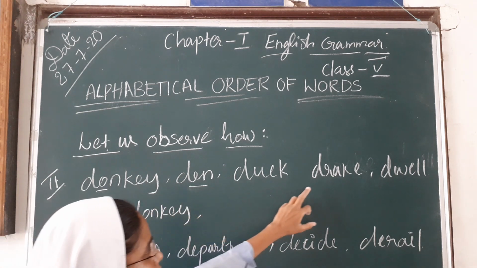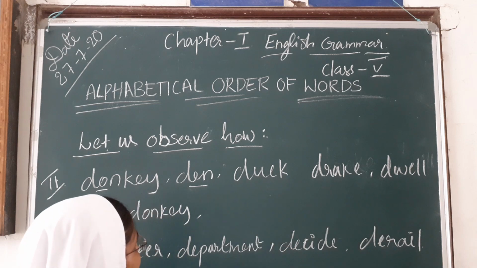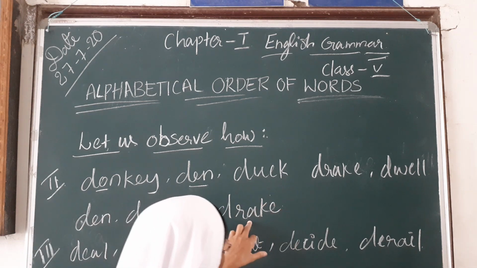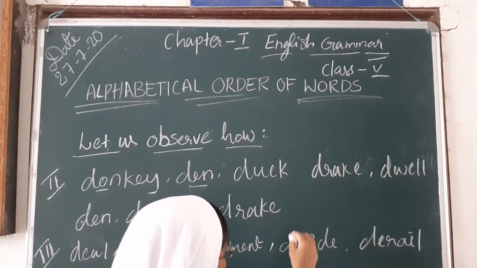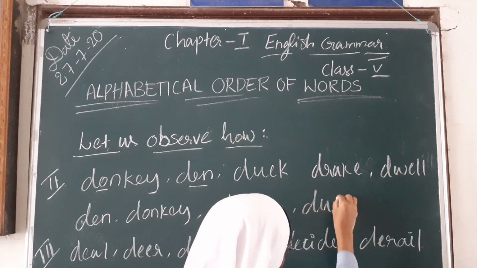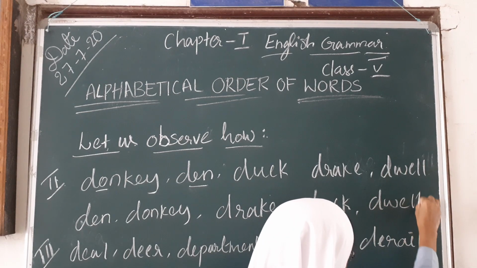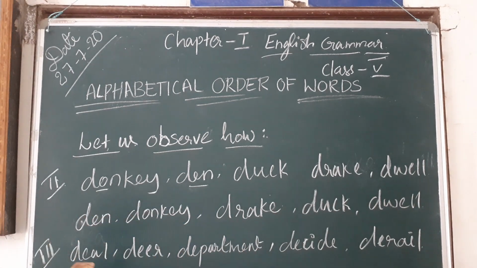Then third comes R, rake. Then fourth comes duck, D-U-C-K. Then fifth, dwell. This is the arranging of the words in alphabetical order.